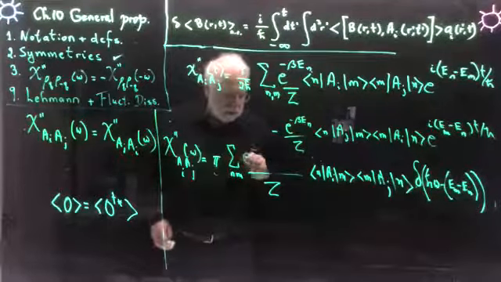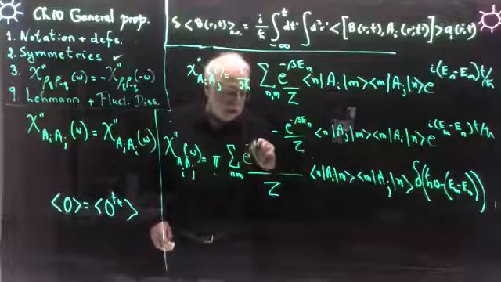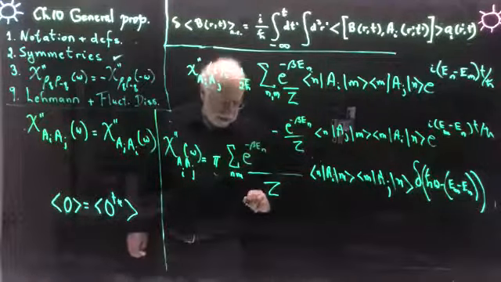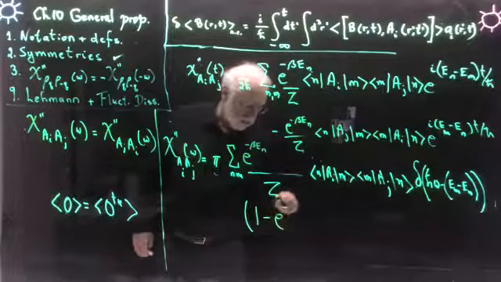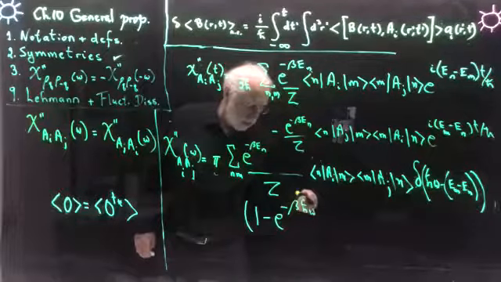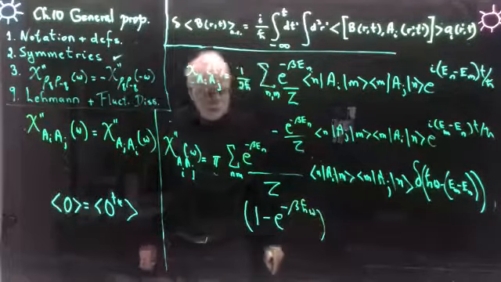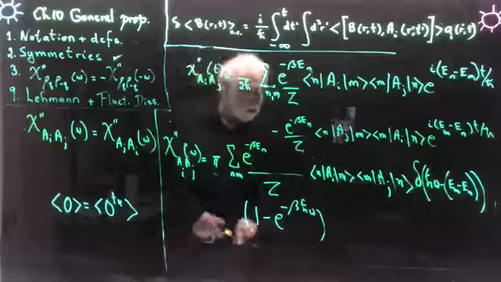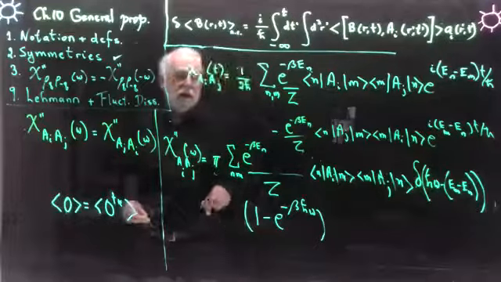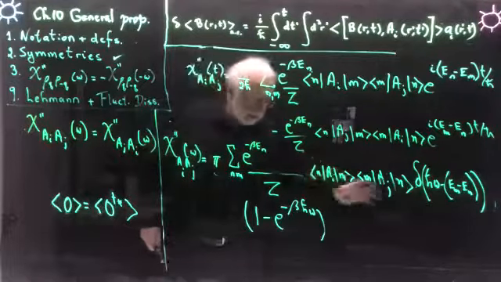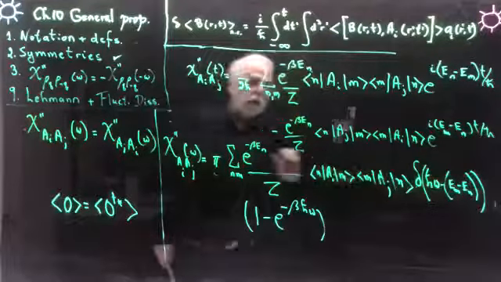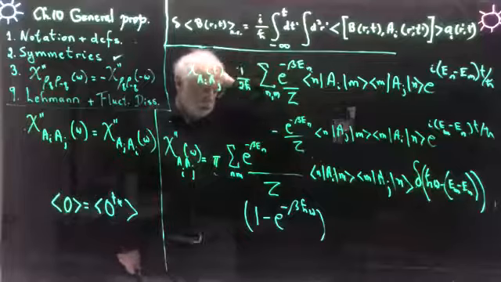So this is e to the minus beta En times 1 minus e to the minus beta h bar omega. So what is this? These are just fluctuations, right?